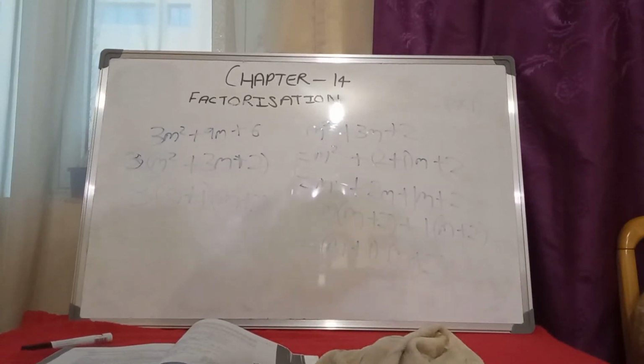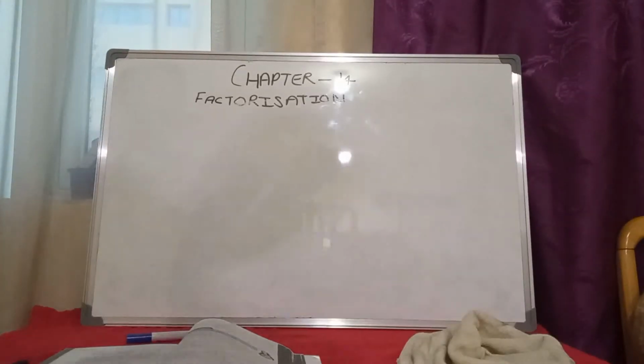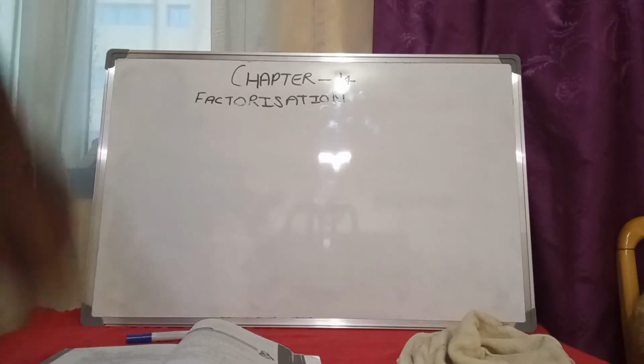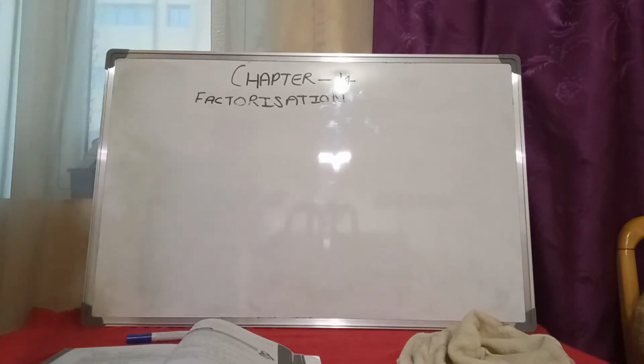Now we go forward into division of algebraic expressions. We will first be dealing with monomial by monomial, which is very easy. It's just the cutting out method that we have learned in the exponents and powers chapter. Then we come to polynomial by a monomial, and then polynomial by a polynomial.